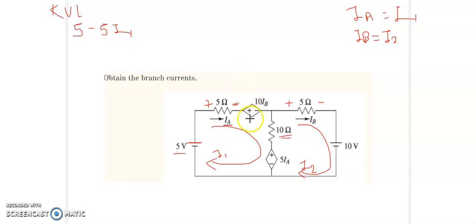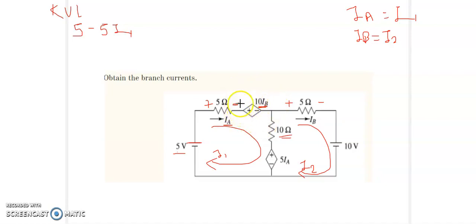The next term is this source. As it has a diamond shape, we know that it is a dependent source. It has polarity plus and minus within it, so it is a voltage source. The value written beside this diamond shape is 10 IB.